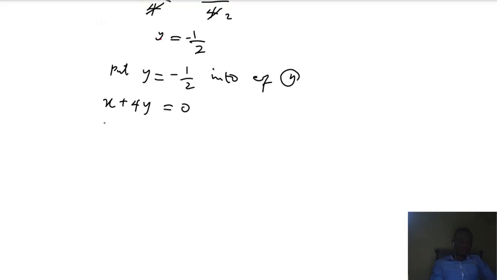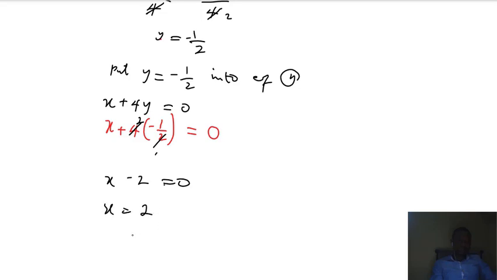So we have x plus 4 times negative 1 over 2 equal to 0. You see, these 2 will cancel, and 1 will go here, 2. So we have x, then 2 times negative 1 will give us negative 2, which is equal to 0. So when we make x the subject, we have x equal to 2.